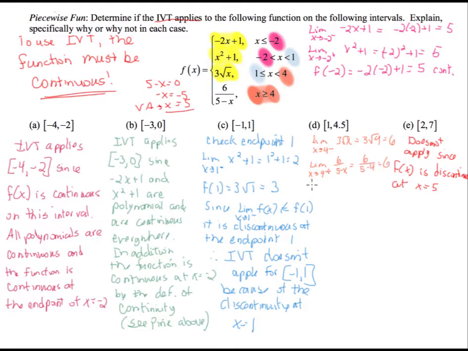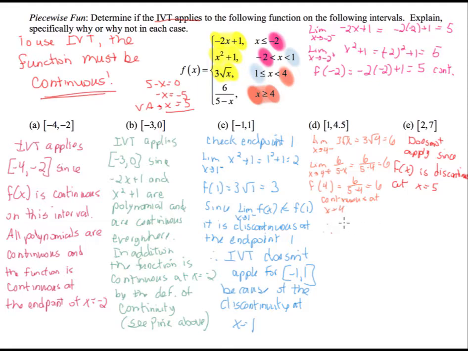And so for my third piece, I need to figure out the function value at 4. I would use the last equation for that, and I get an answer of 6. So since my limit exists and is equal to 6, and my function value exists and is also equal to 6, I know this function is continuous at 4.